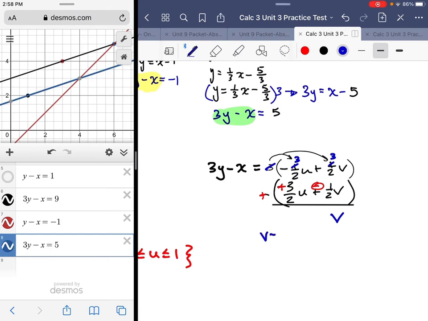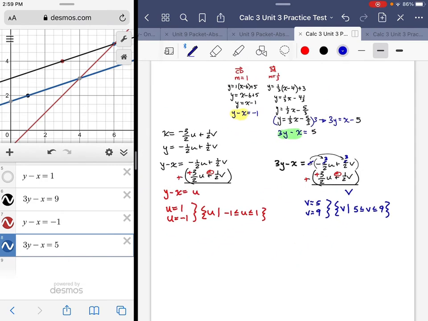Well, we'll put the 5 first. So v is equal to 5. v is equal to 9. So our bounds for v would be v such that v is between 5 and 9.